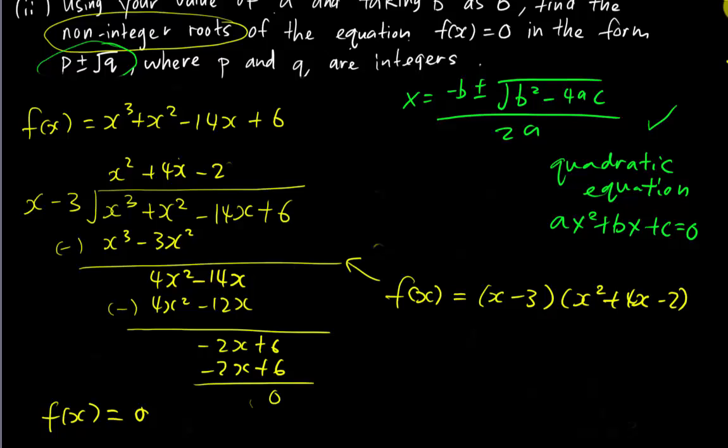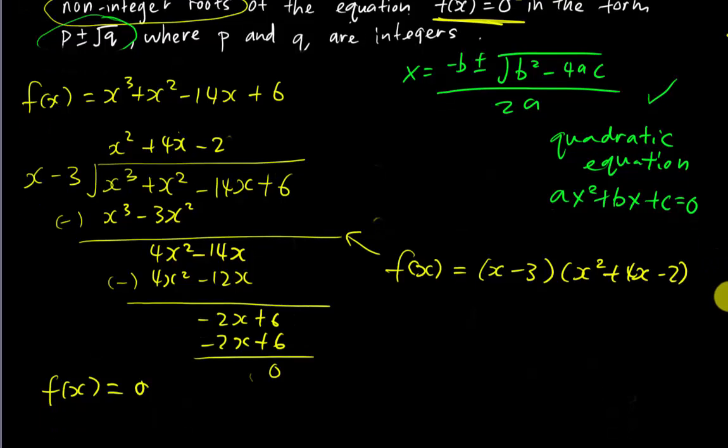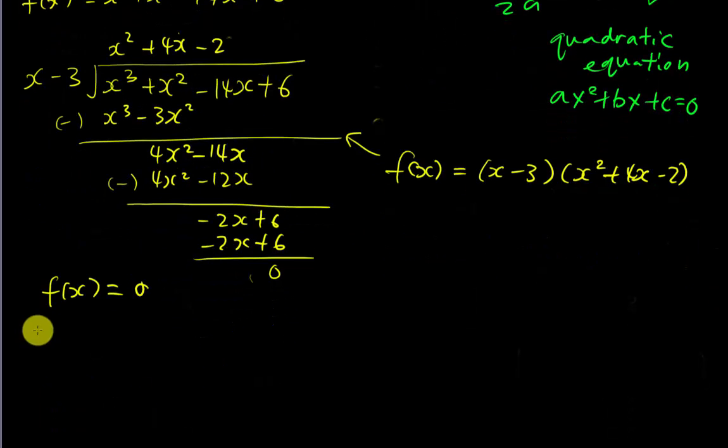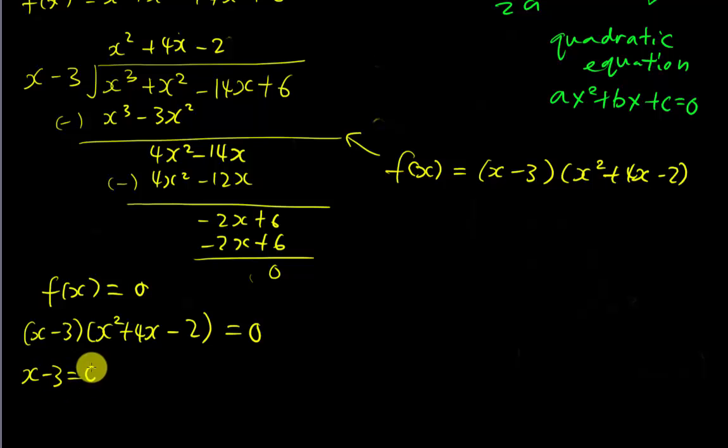So from here, the question tells me fx equals 0. So what I will do is substitute this one, fx, into here and make it 0. x minus 3 times x squared plus 4x minus 2 equals 0. Then we know that x minus 3 equals 0, or x squared plus 4x minus 2 equals 0. And x will equal 3.